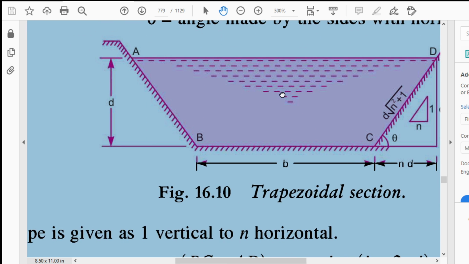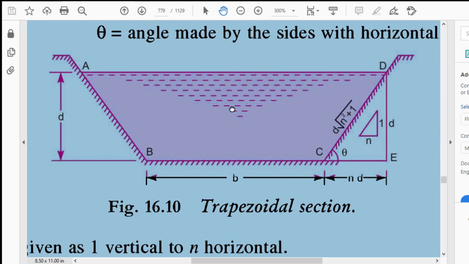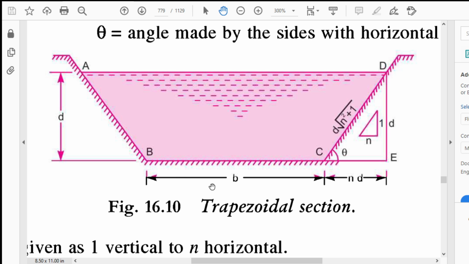Now here you can easily see that this is your bottom width B, and the sloping side is D under root n square plus 1.